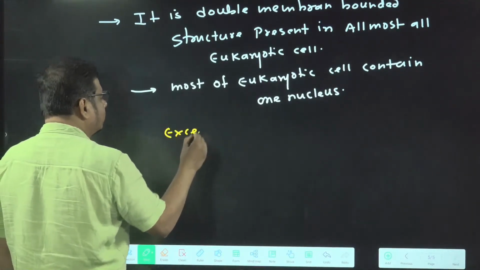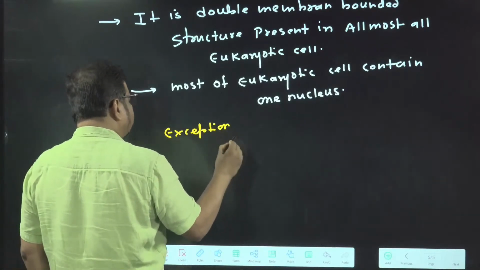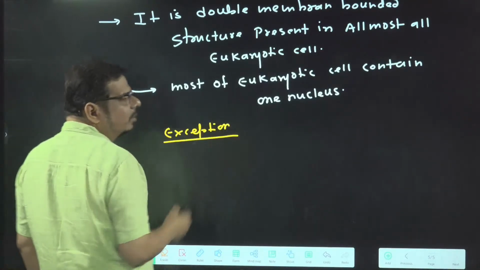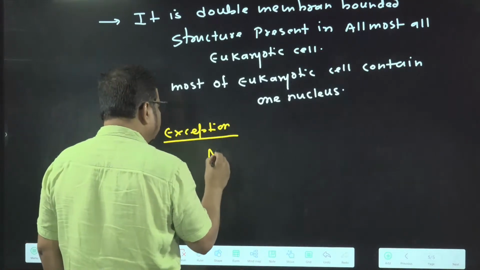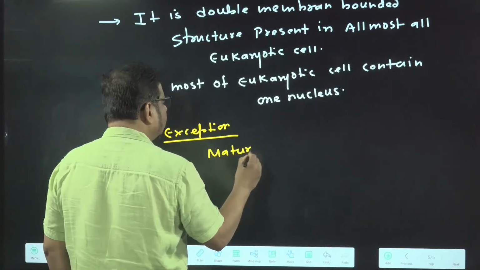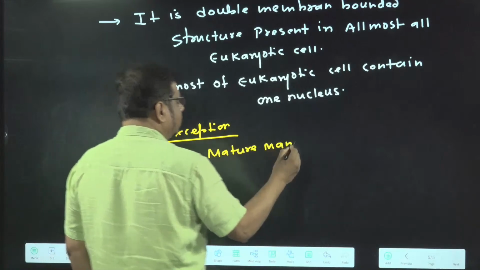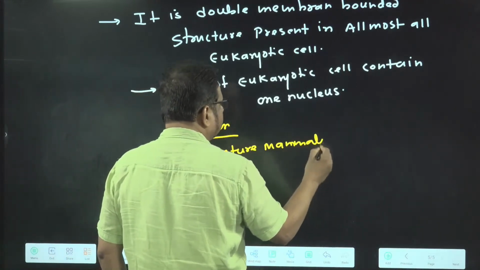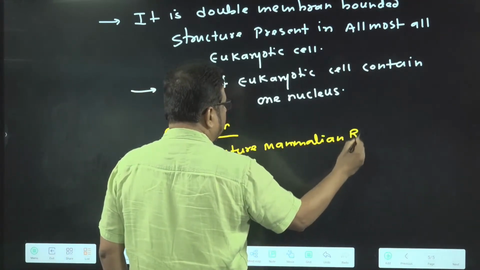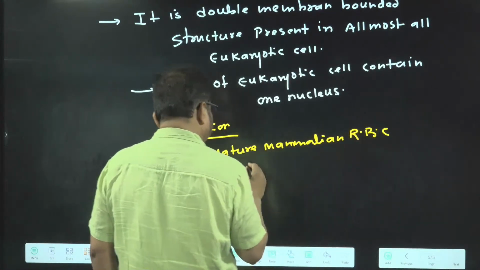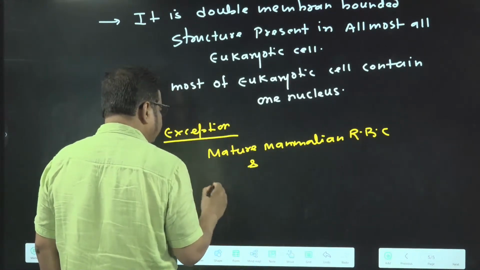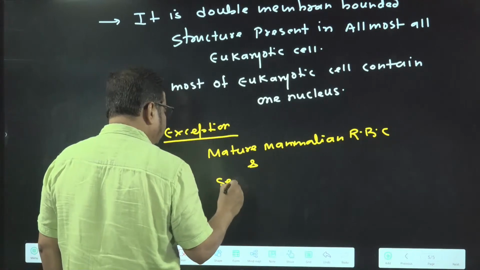The exception is cells without a nucleus: mature mammalian RBC. And another example I am writing, sieve tube element.